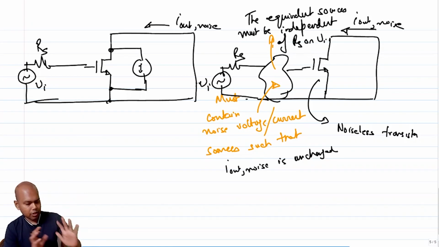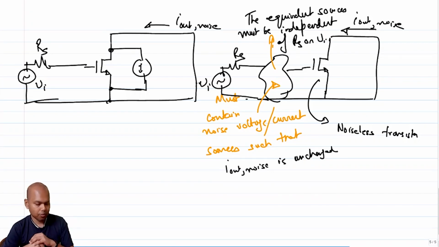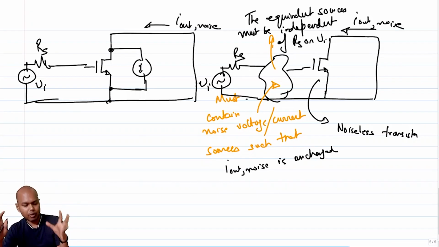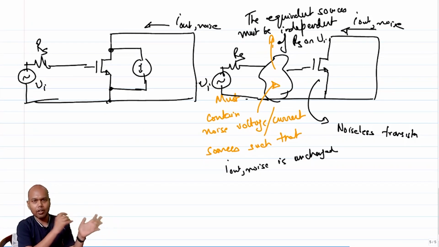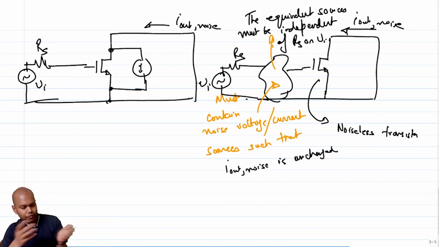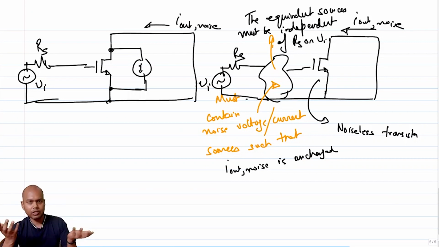Okay, so these are the two criteria we have to honor, right? Because we are trying to model the noisy network, and so I should be able to drive this noisy network with any VI or RS. Okay, so if the stuff inside the box is a function of RS, that defeats the purpose.